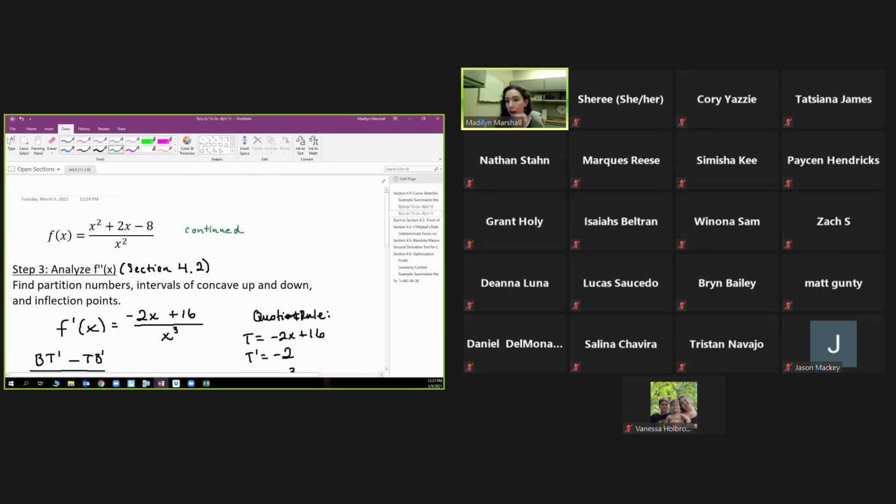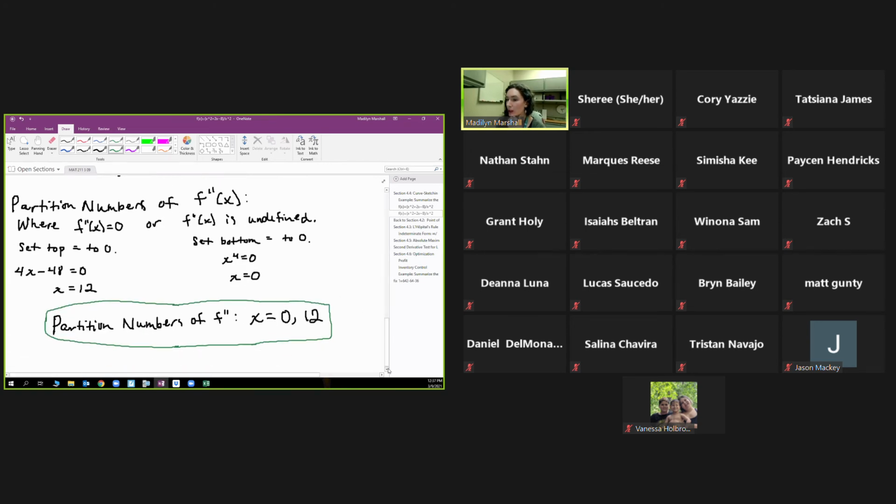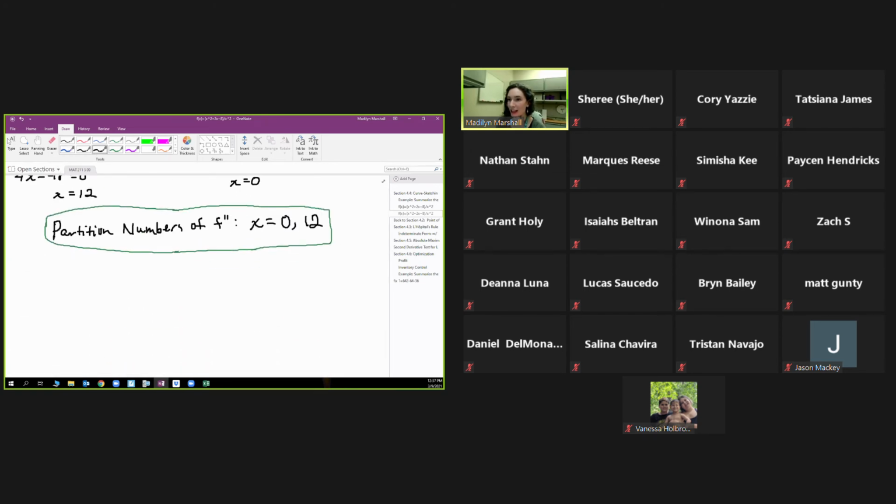So for step 3, we have found the partition numbers. Next we need to find the intervals where the function is concave up and concave down, which means we make a sign chart again.